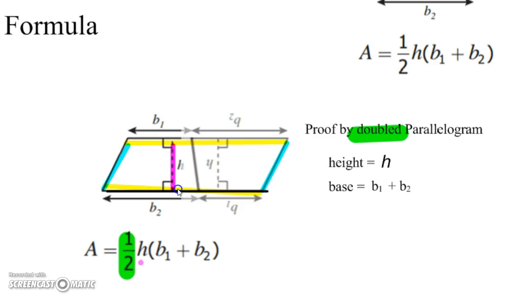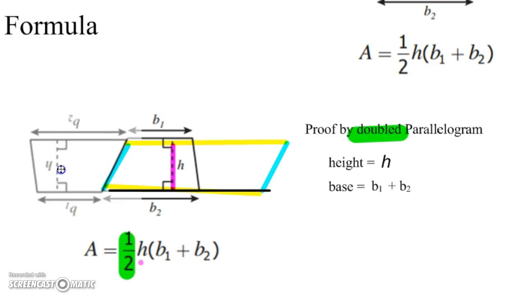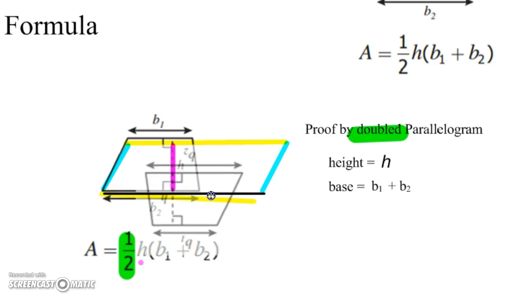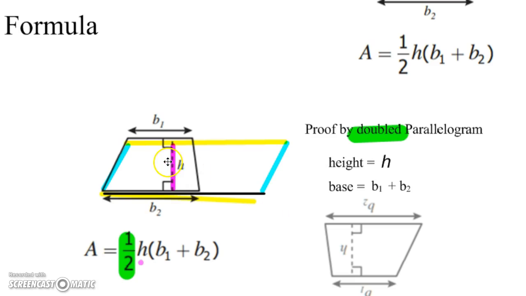And you can line up the second trapezoid this way or that way, and you will still have the same base, base 1 plus base 2. So we only wanted half of it, so it should be area equals 1/2 times height times base 1 plus base 2.